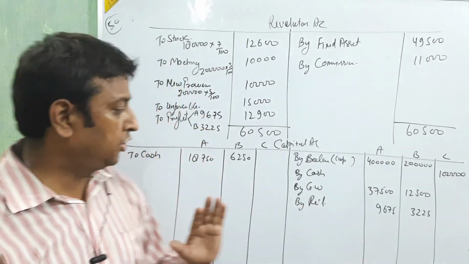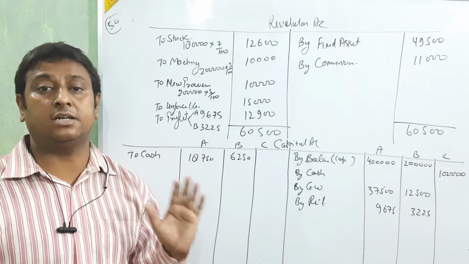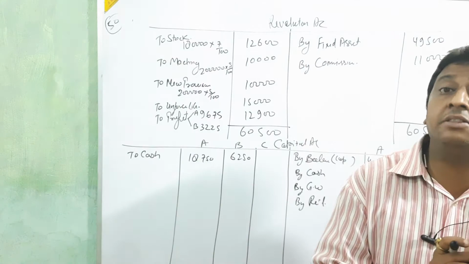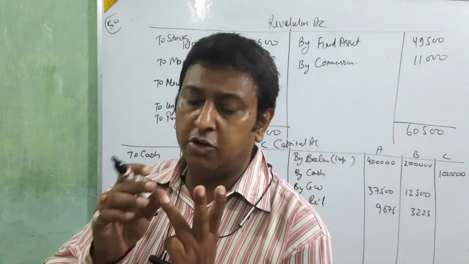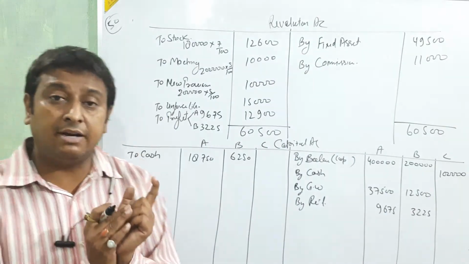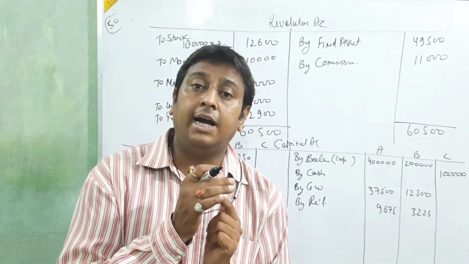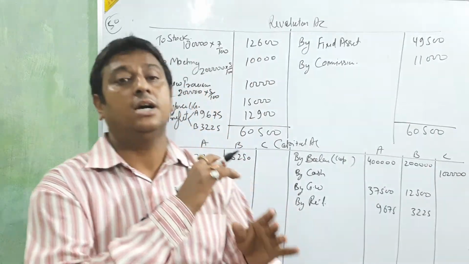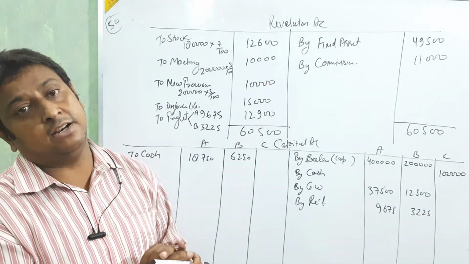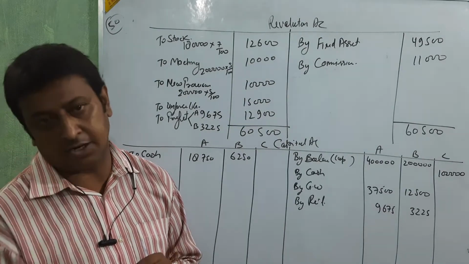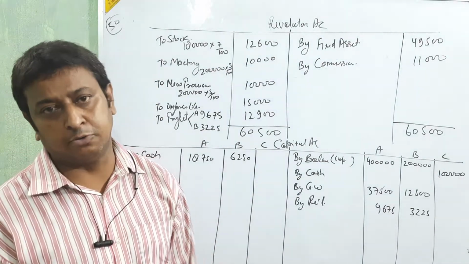It means there is no other information. Other information means we distribute the goodwill, if given in the question. Okay, beta, we distribute the profit and loss if given, reserve if given, investment fluctuation fund if given, or workmen compensation fund if given.